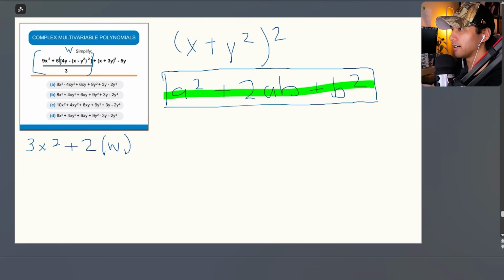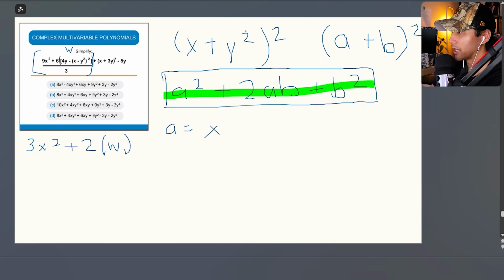So from here, x plus y squared, this a equals x, right? Because in the binomial square, you need to know that it's a plus b, and it doesn't matter, that could be any number, a plus b squared. And then it translates to this equation here.